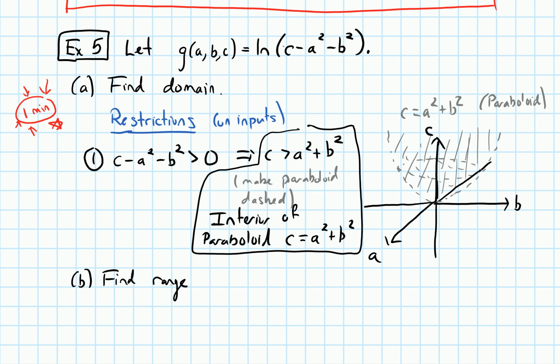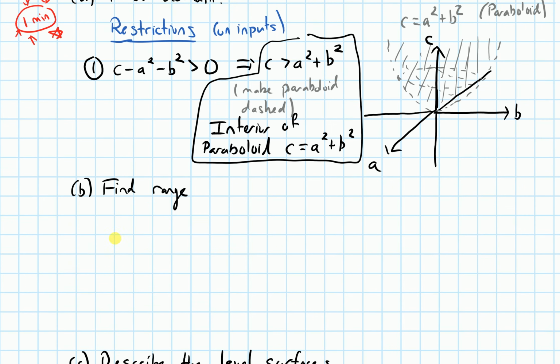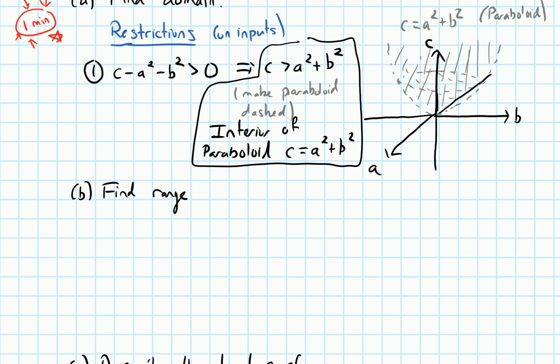Next, let's find the range. We have an ln function, so let's think about what the range of ln typically is. If I have ln of x, a one variable function, the range is all real numbers, or in interval notation, negative infinity to positive infinity, thinking about the graph of ln of x.